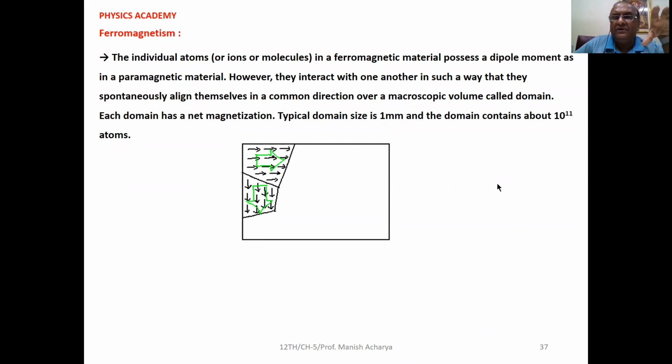And therefore, in normal circumstances, this will not exhibit any magnetic characteristic. And see here, in a particular 1 millimeter size domain, 10 raised to 11 atoms are there, means 10 raised to 11 dipole moments are there. Clear up to this one?